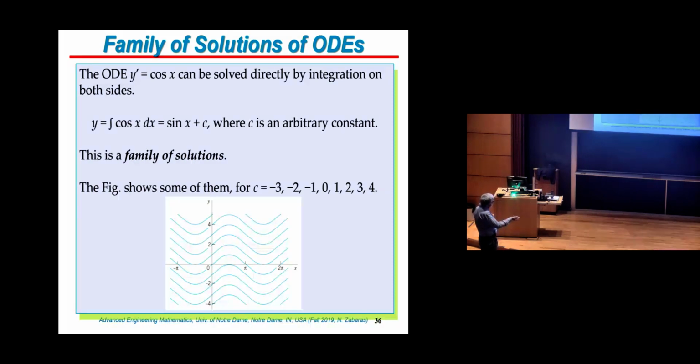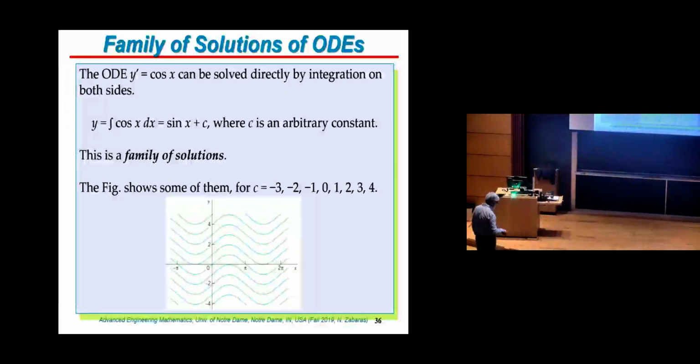So if you plug in different constants of integration, you get all of this. All of these are solutions of the ODE, and I'm plotting this for different constants. MATLAB allows you to plot multiple solutions of an ODE for different constants or initial conditions. But here you can see that this ODE has a whole class of solutions that is sine plus some constant.